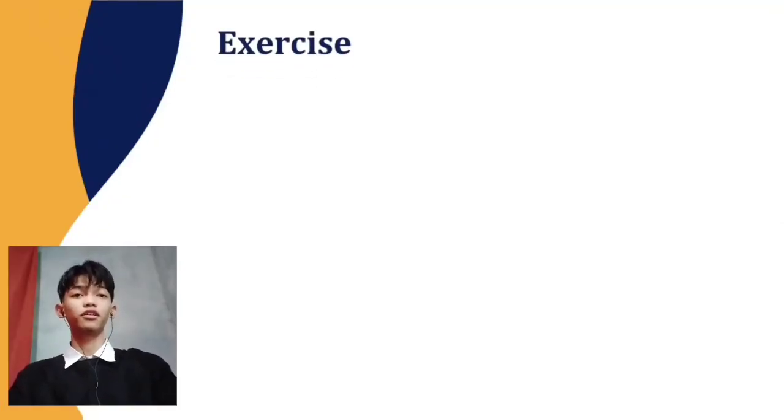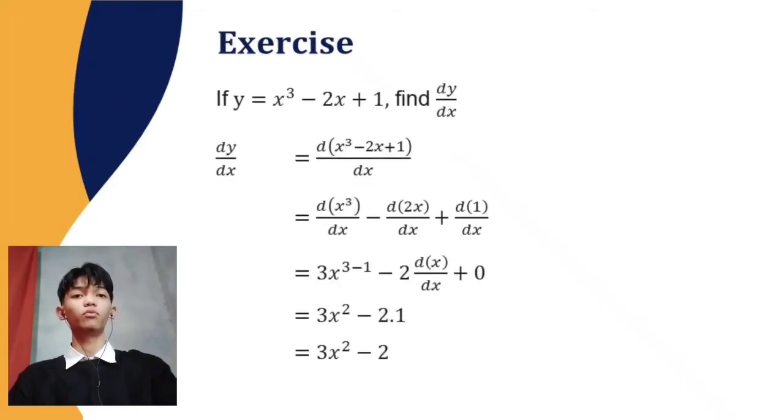The first function is y equals x to the third power minus 2x plus 1, and find dy dx. dy dx equals the derivative of x to the third power minus 2x plus 1, with respect to x, of course.